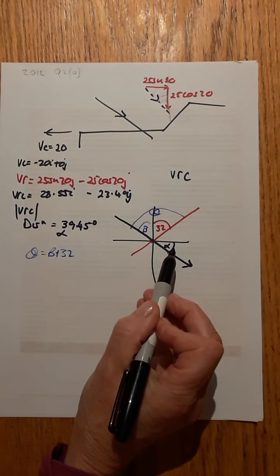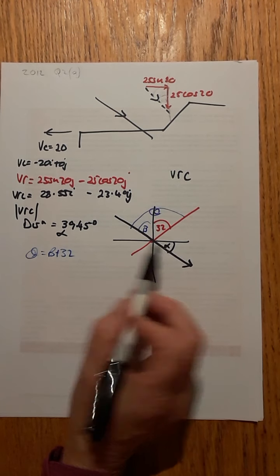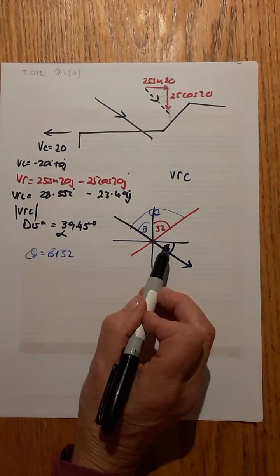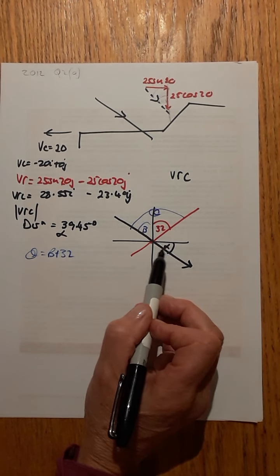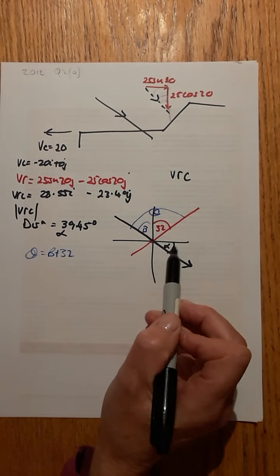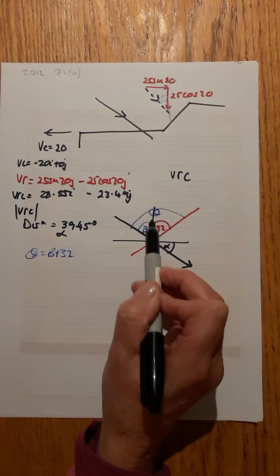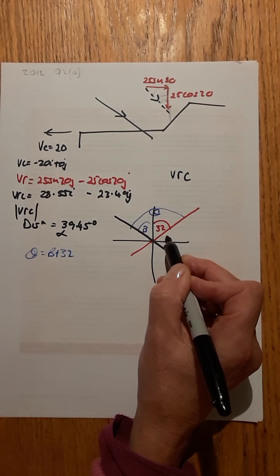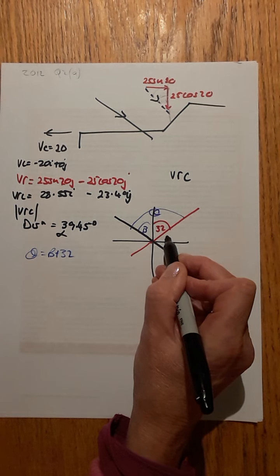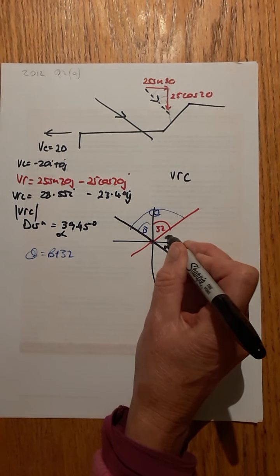Tracking back, I know what alpha is: 39.45. This, of course, is 90 degrees, the two black lines. So I'll be able to get this angle, which I'll call dot.